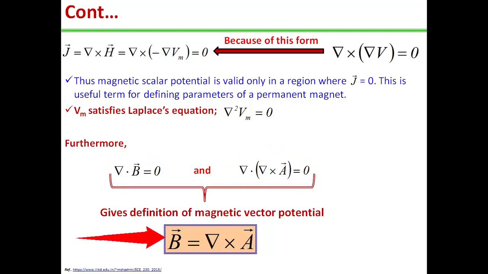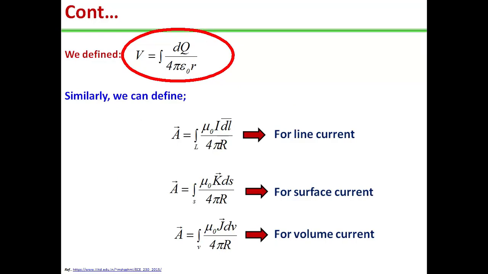So on equating these two equations, we will have B is equal to del cross A. That means the magnetic flux density is related with the magnetic vector potential A in the form of B is equal to del cross A. As we have defined in electrostatics, the potential V as integral of dq divided by 4 pi epsilon naught r. Similarly, in magnetostatics, we can define the magnetic vector potential A for the line current, surface current and the volume current.